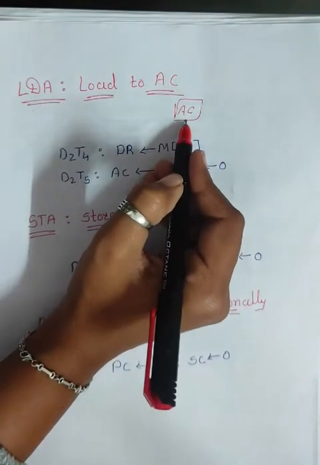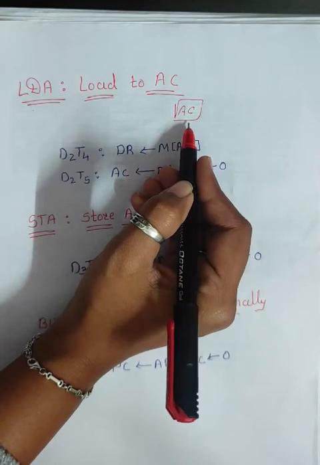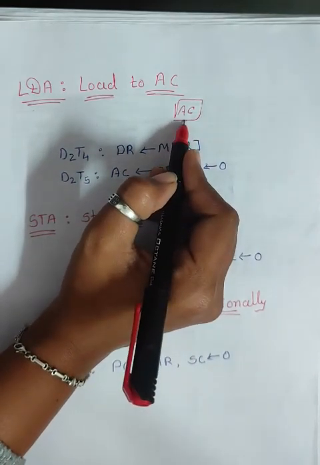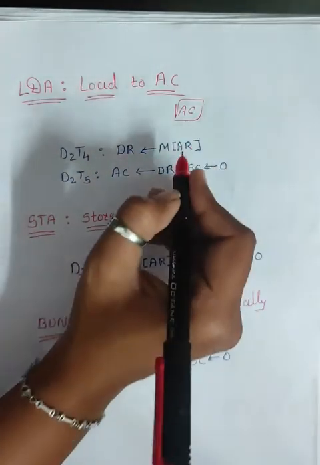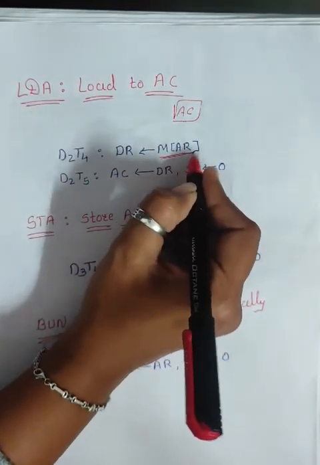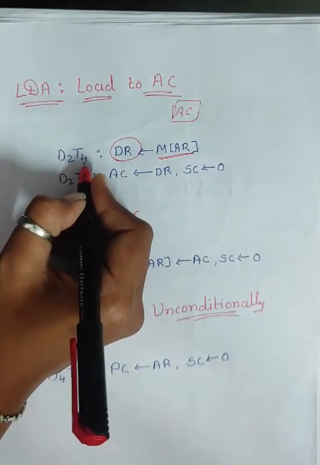Now we cannot directly access the memory. The ALU will have this transfer operation, but for that transfer we cannot work directly with the memory. So first we transfer the data into the data register at the D2 T4 timing signal.